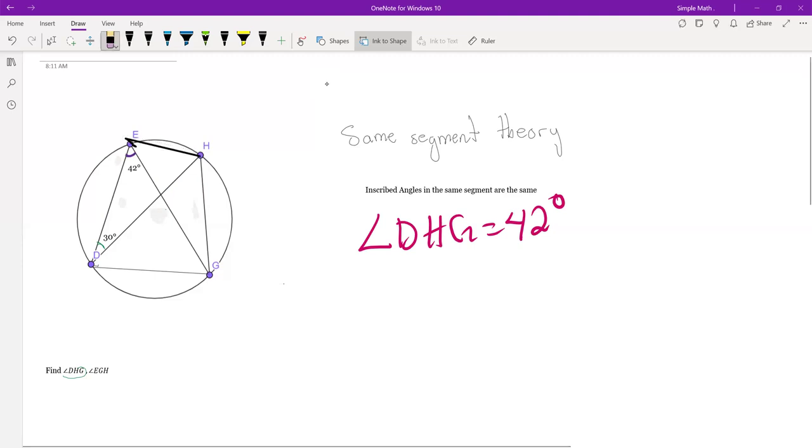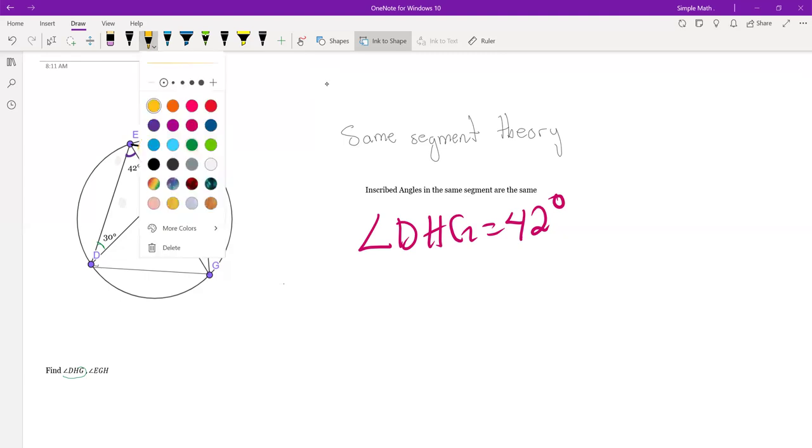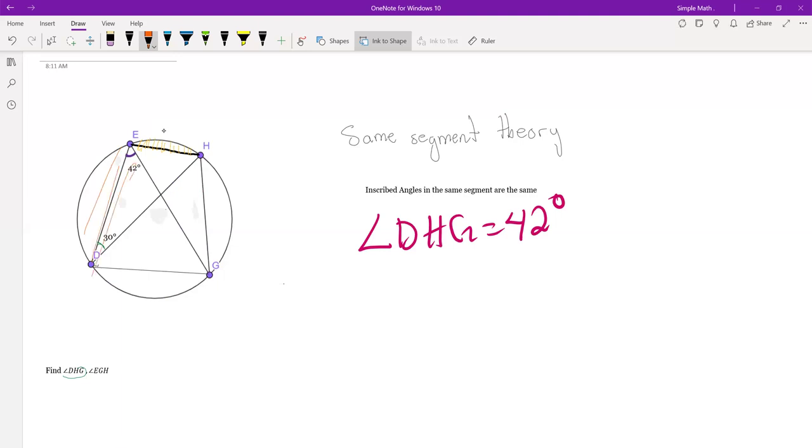I'll just do it freehand. I think that'll be better. If we draw a line from E to H, you can see that we have a small segment here and a much larger segment here.